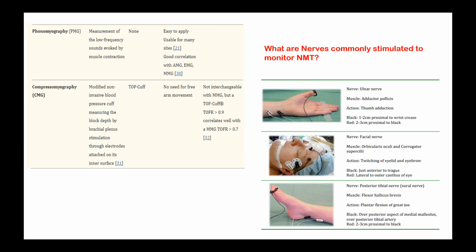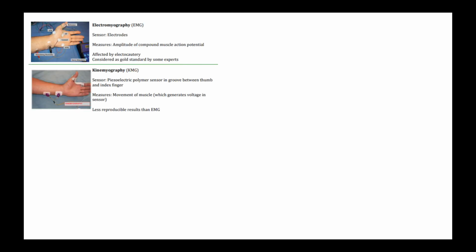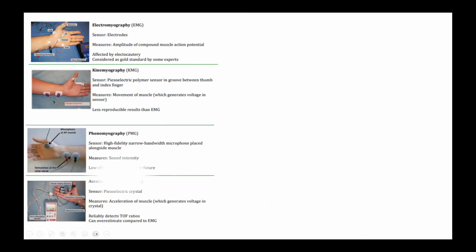So these are the three common nerves that are stimulated, and these are all the various equipment we use, like electromyograph, kinemyograph. You can just see how these clips, the crocodile clamp tips, are attached to the ECG electrode on the ulnar nerve. So these are all the quantitative methods.